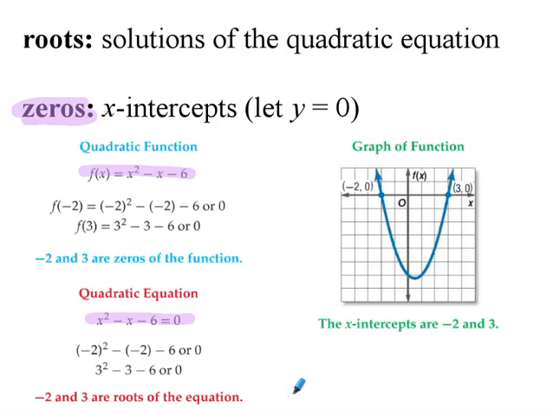And so as a result, negative 2 and 3 are my x-intercepts. Okay, so there are algebraic ways, and we will learn about those in sections 3, 5, and 6. But today we're going to look at if you graph this. So if you graph this using our graphing software, how can I tell what the x-intercepts are, or what the zeros are, or what the roots are?